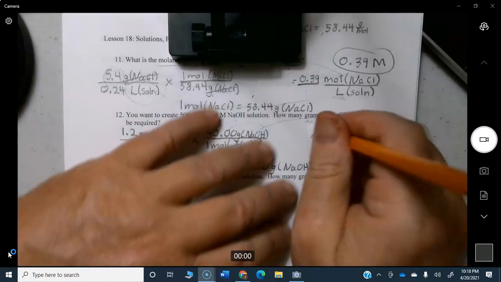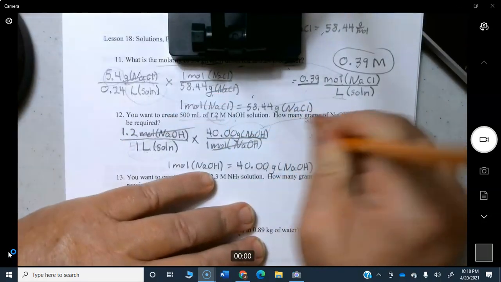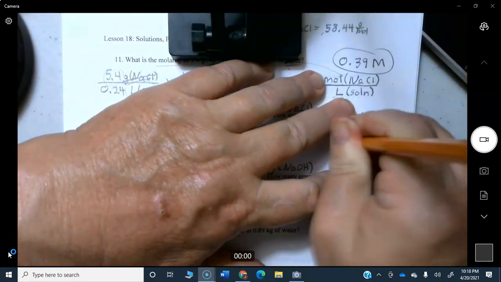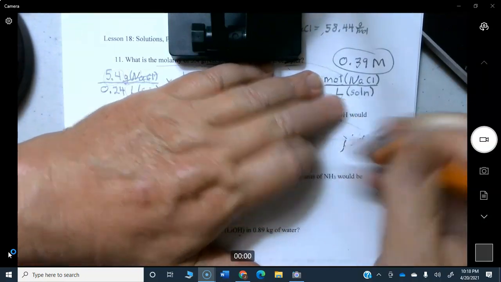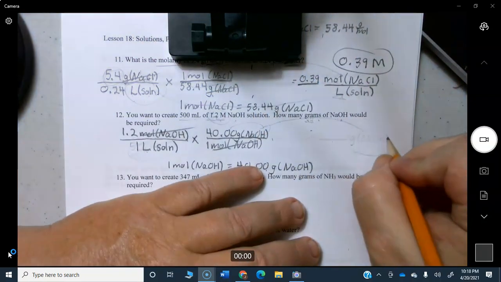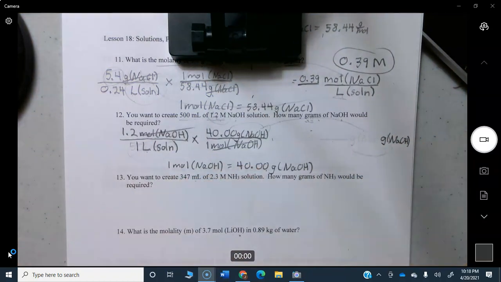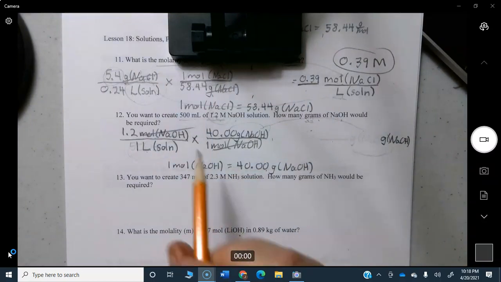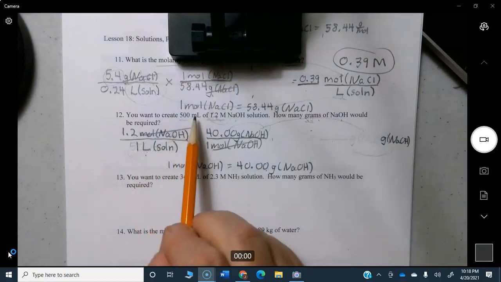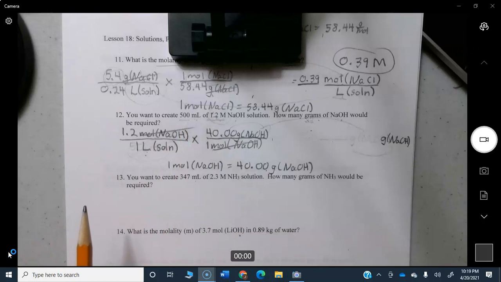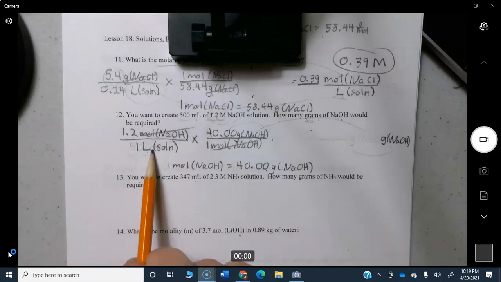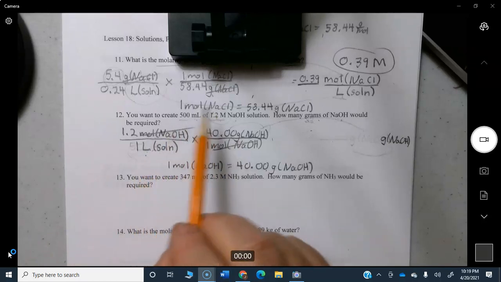Okay, so I didn't leave myself enough space here. Let me just erase it for right now. Put it way over here. Okay, there it is. Okay, so what do we do? Well, we got liters here, we got milliliters here. So what we need to do is get liters converted into milliliters without changing the value at all.